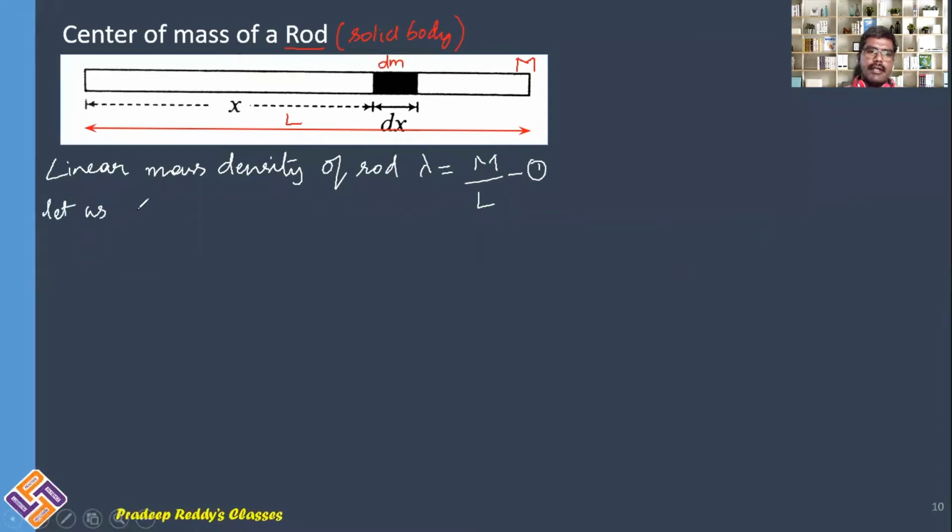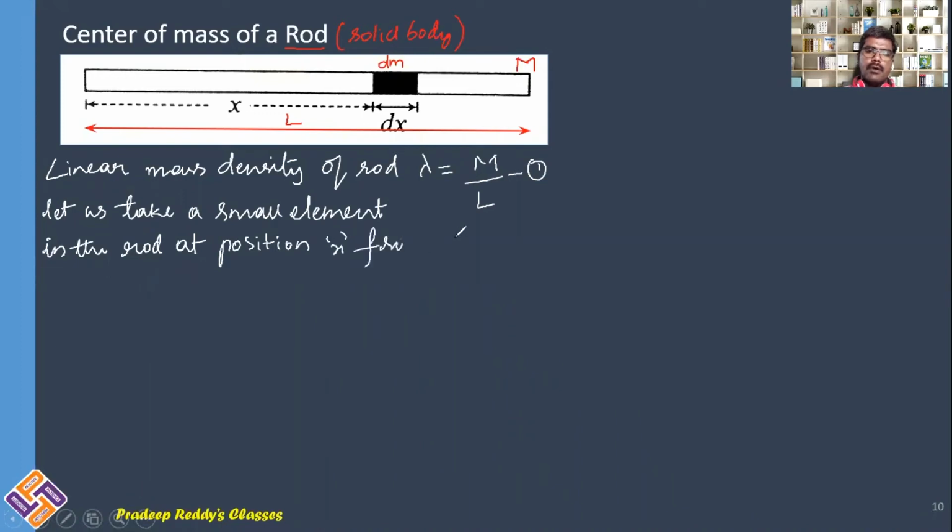Let us take a small element in the rod at position x from the origin of the x-axis. Then you can write lambda is equal to dm divided by dx, its mass over its length. This is number 2. And the x-axis, I am considering this as x-axis. Starting from this position, it is x.